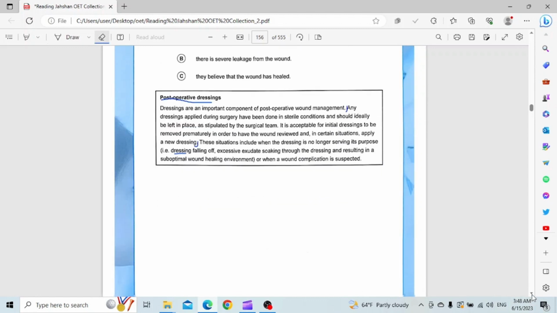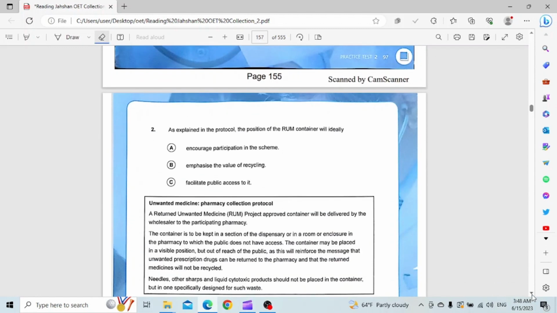If we go to the second one, "As explained in the protocol, the position of the RUM container will ideally...", I go and read it thoroughly: the unwanted medicine pharmacy collection protocol. Then I read each sentence and recap what I have learned from it.